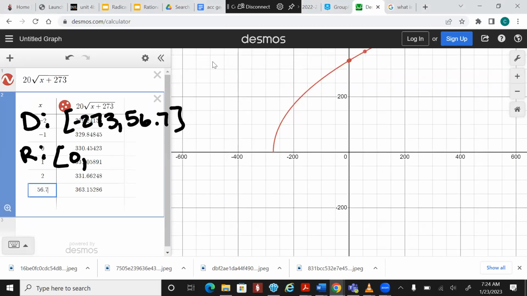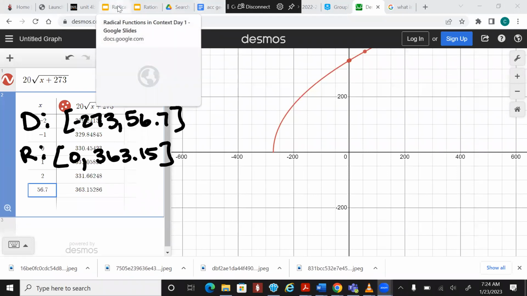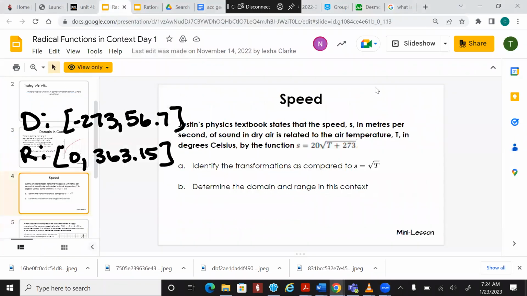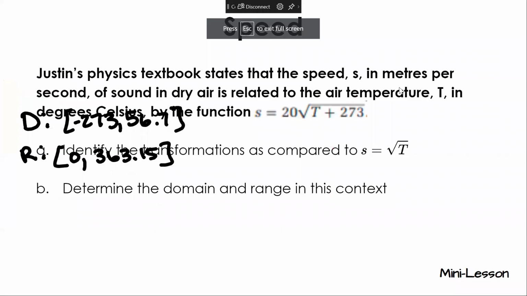Well, my Y is 363.15. Now, obviously, you're not going to have one as complicated as that. You won't have to look up information. However, this is how you would do that.